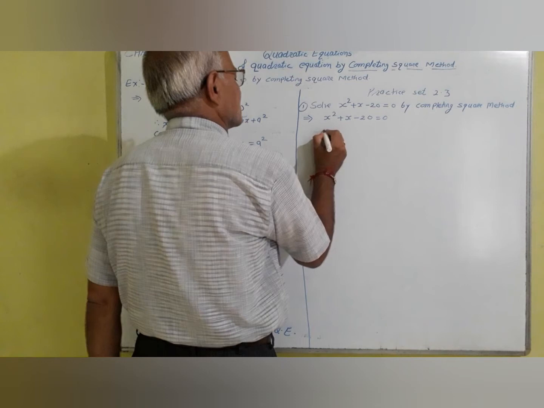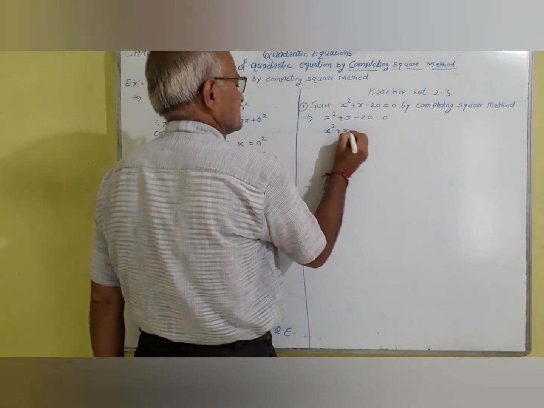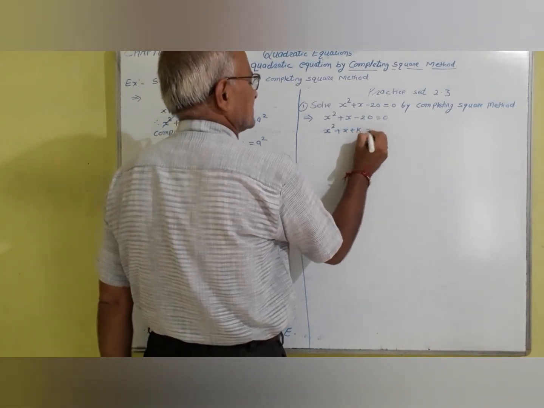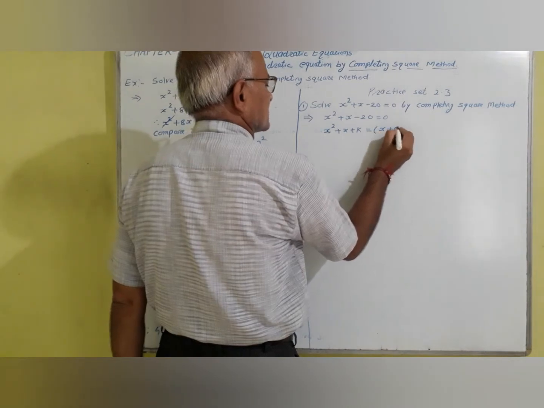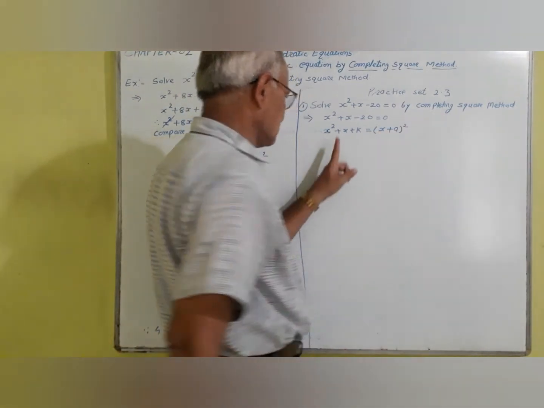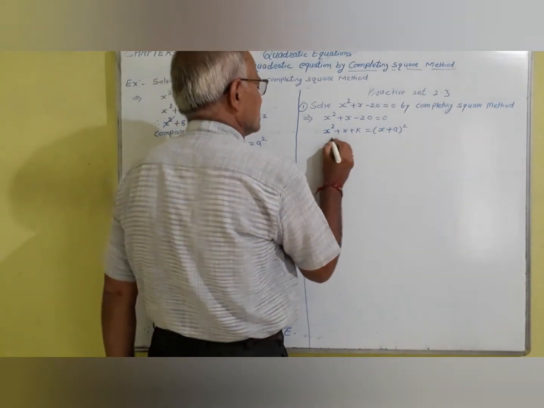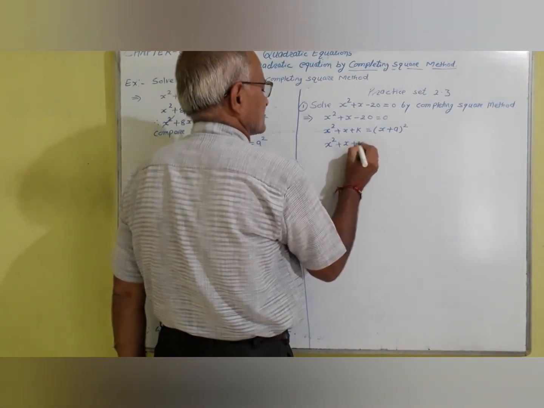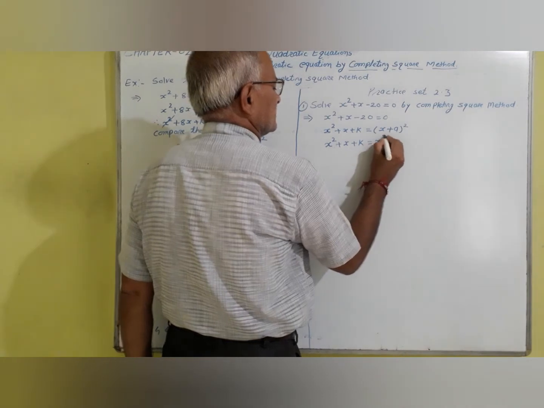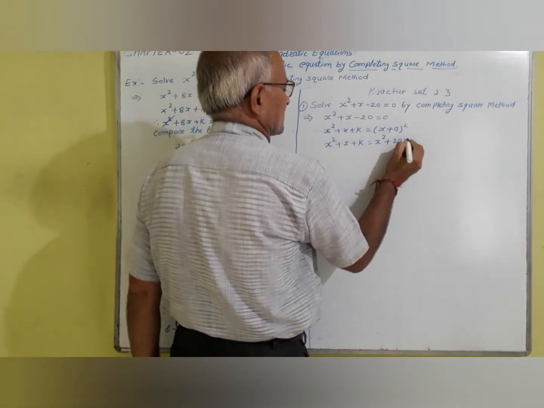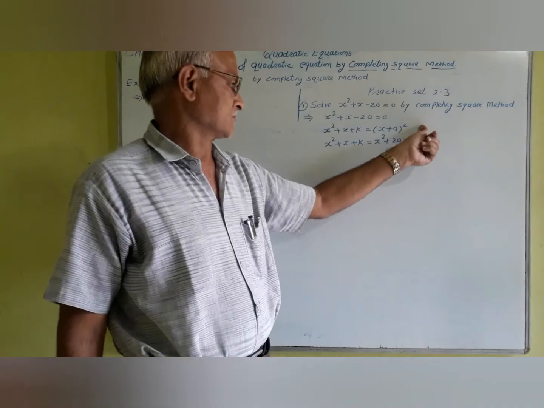Now we add the third term: x square plus x plus k is equal to (x + a) whole square. Here the middle term is plus, therefore here plus. Now x square plus x plus k is equal to x square plus 2ax plus a square.